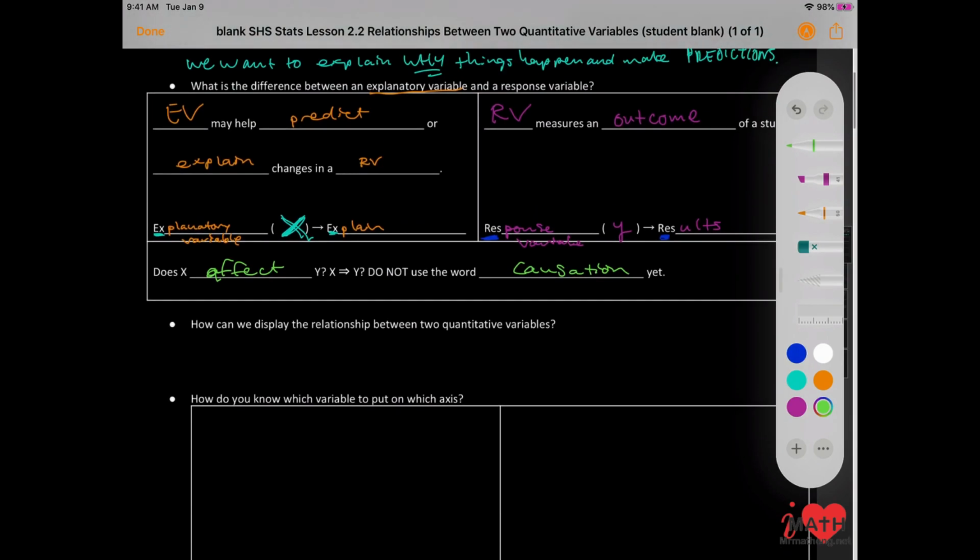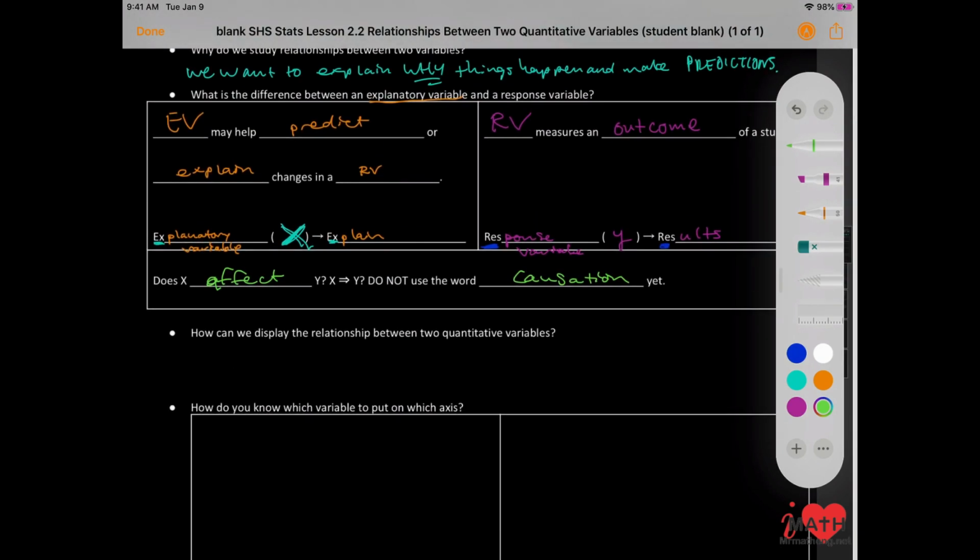So how can we display the relationship between two quantitative variables? Let's review one quantitative variable. Do you guys remember which displays that was? Yeah, you take some bunch of numbers and we can make it a box plot.